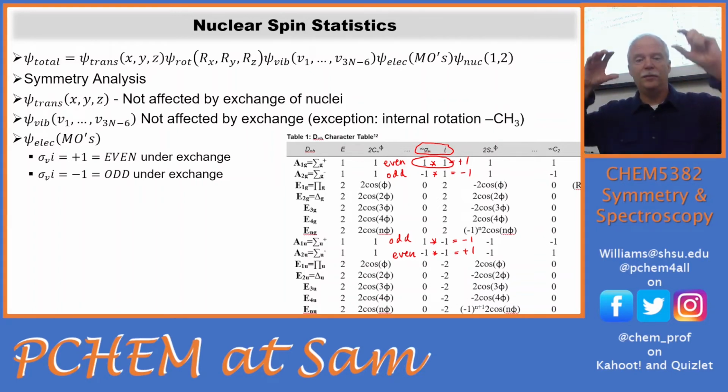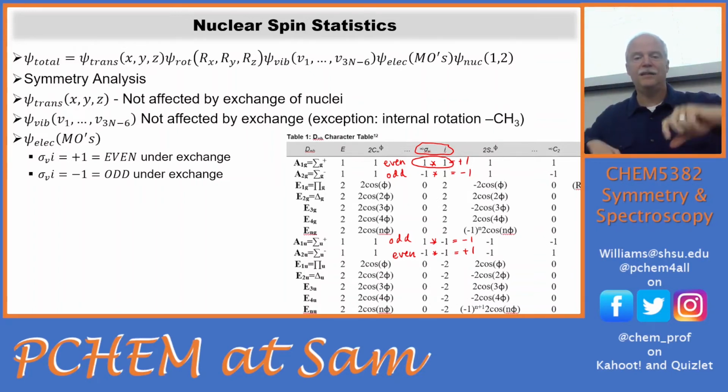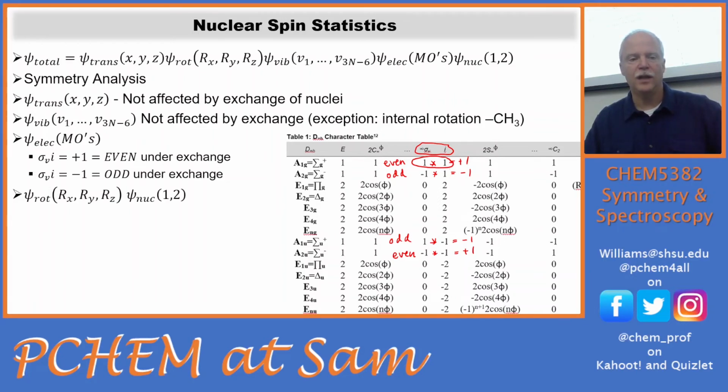The doubly degenerate modes, the E's, have one of each, and so it's going to open up on those. But we're really just going to focus on the A Mulliken notations, the singly degenerate ones. And then when we get to the rotational motion, let me scratch this out, this was a copy-paste error, so scratch that one out right there.